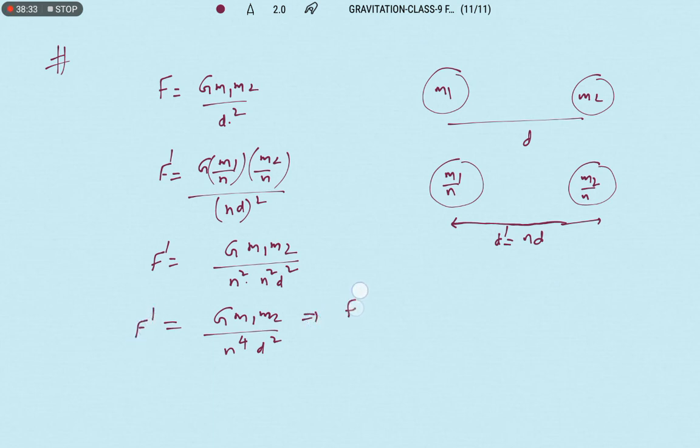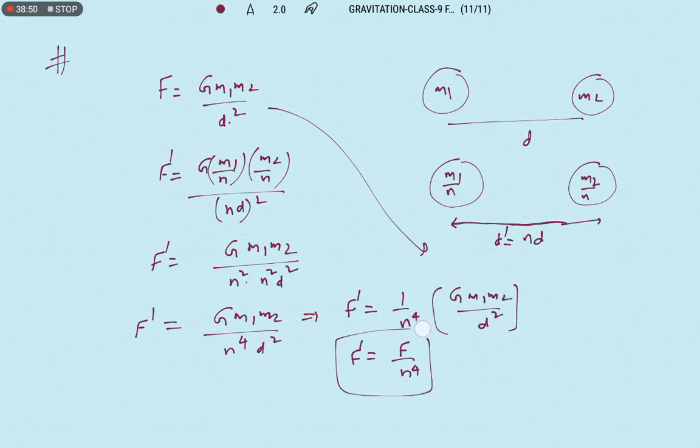Therefore F dash is equal to 1 by n power 4 times G m1 m2 by d square. So m1 m2 by d square with G is nothing but the initial force. Therefore F by n power 4, that means force decreases by n power 4 times.